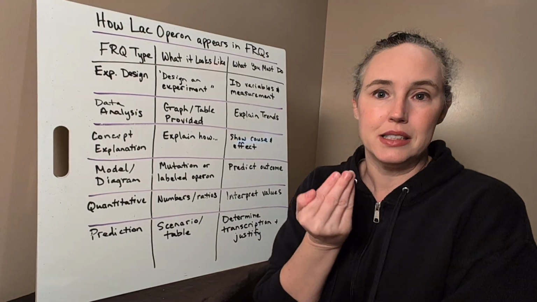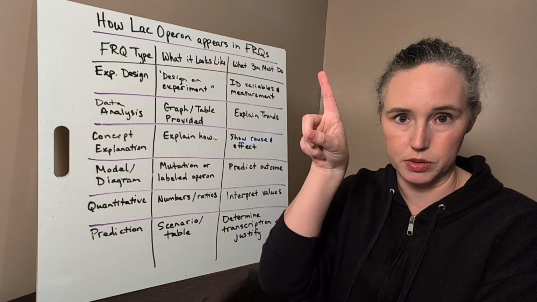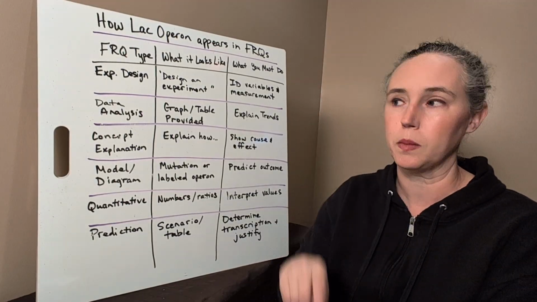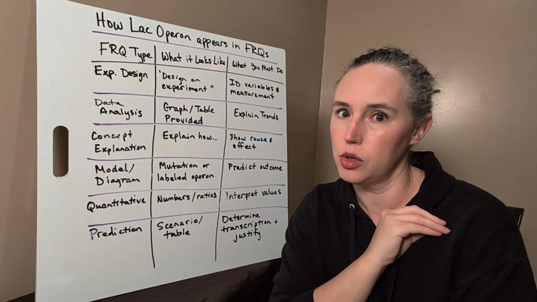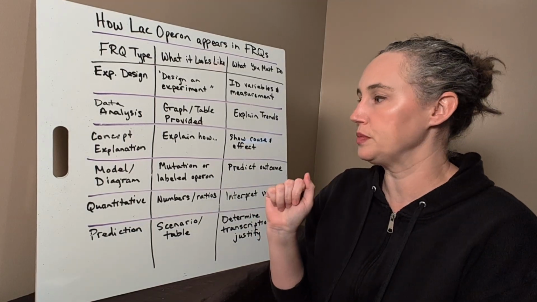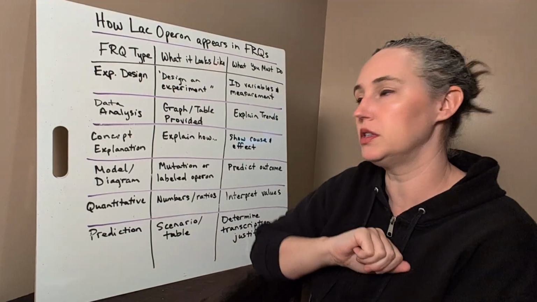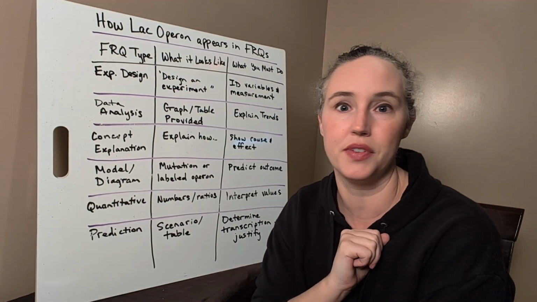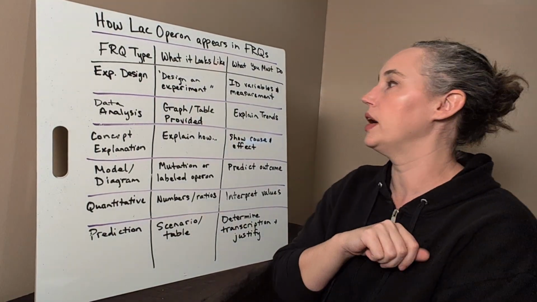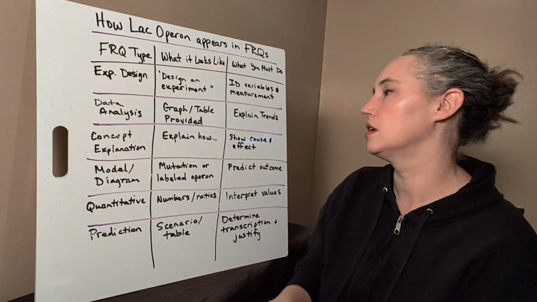Now, there are 6 different types of FRQs. I have a whole video on the 6 different types of FRQs. Check it out. Any topic could show up in any of these 6 ways. So there is the experimental design question, which is very question 1. It could say something like, design an experiment.